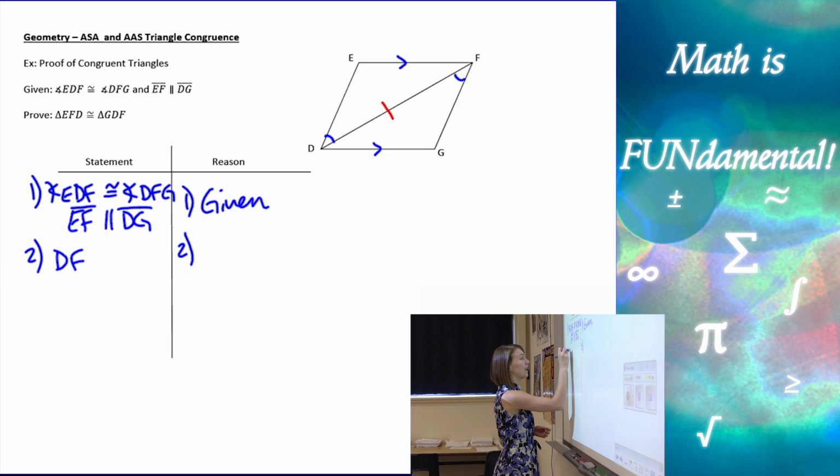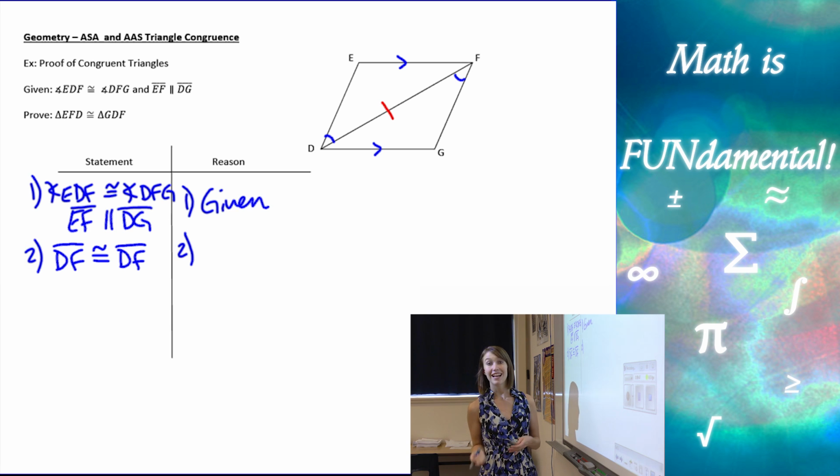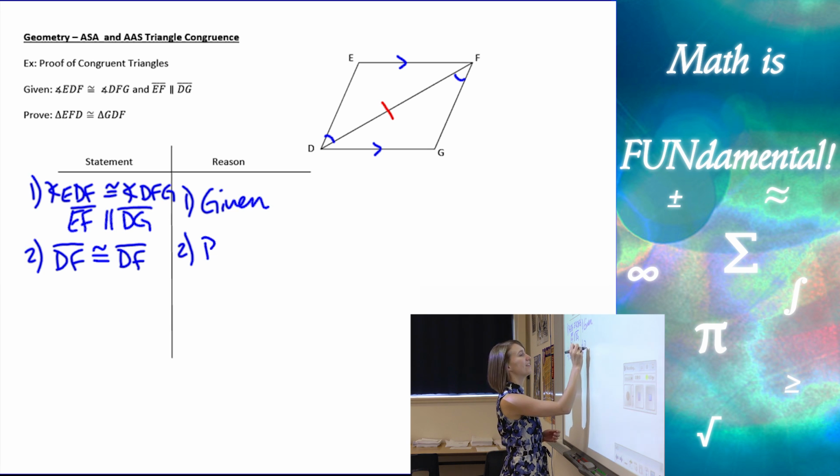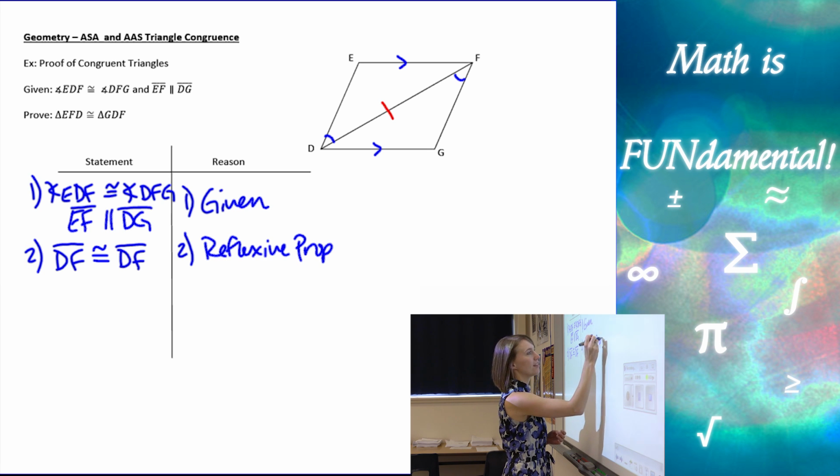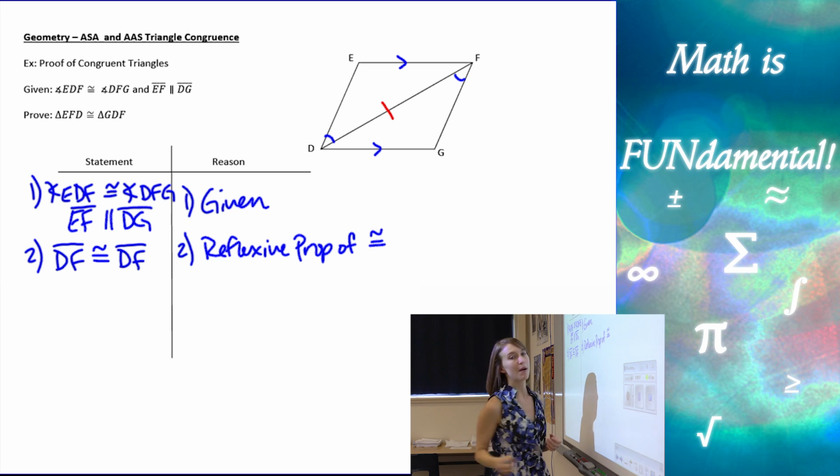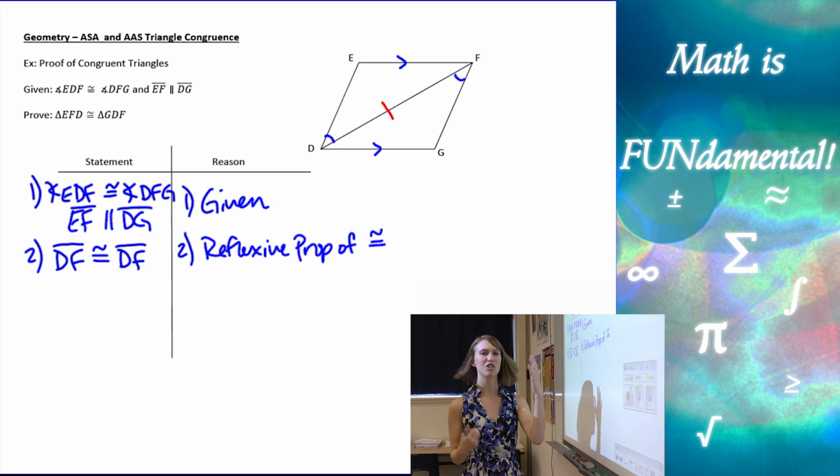I know that DF is congruent to itself, DF. And our reason, we have to think about all those theorems and properties. This one is the reflexive property of congruence. So by the reflexive property, just like it's looking in the mirror right at itself, its reflection, we have DF is congruent to DF.